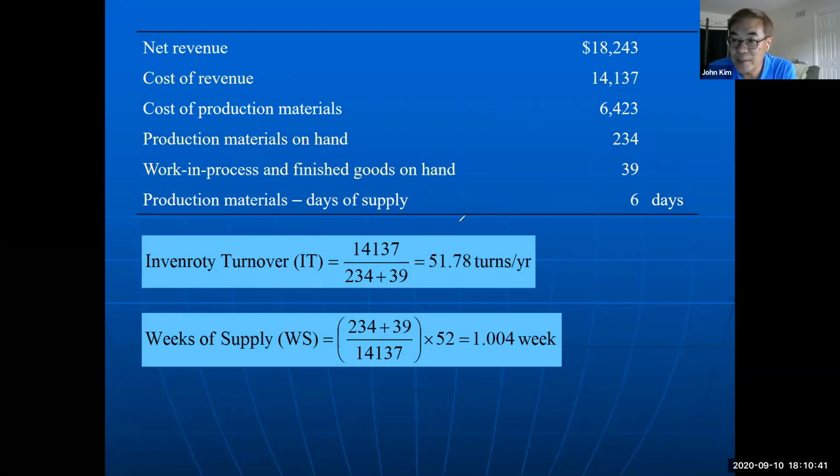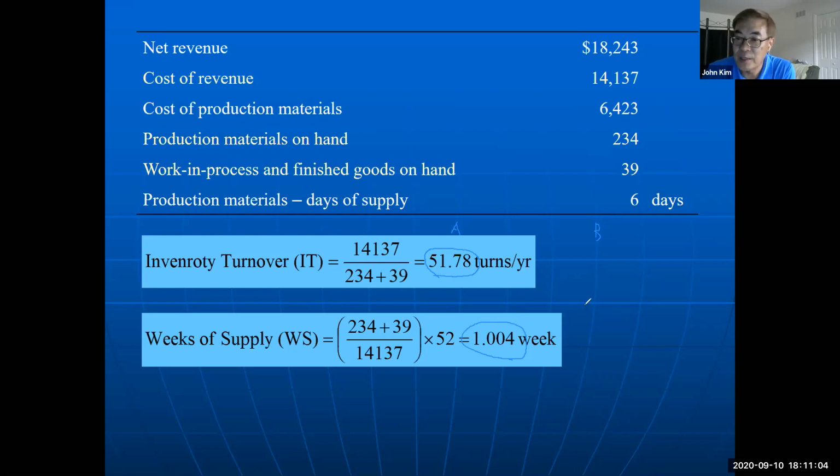If company A's inventory turnover is 51.78 and weeks of supply is 1.04, and company B's inventory turnover is, let's say, 40 per year, and weeks of supply is, let's say, 1.2 weeks. Like this.